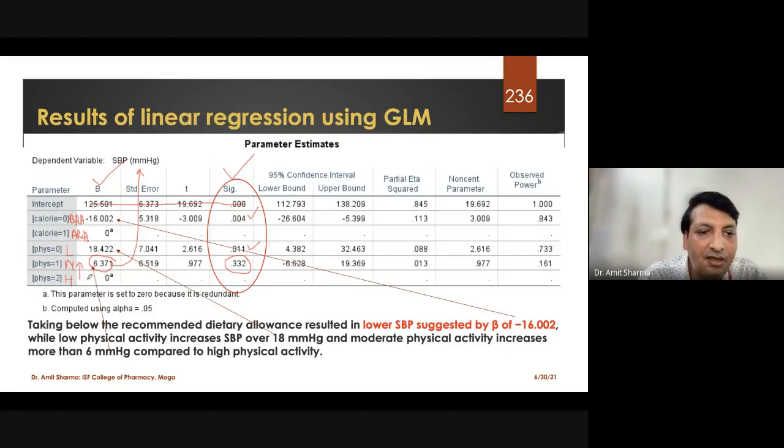If I stop high physical activity and switch to low, then how much is blood pressure going to rise? My blood pressure is going to rise 18.42 mmHg. Clear?